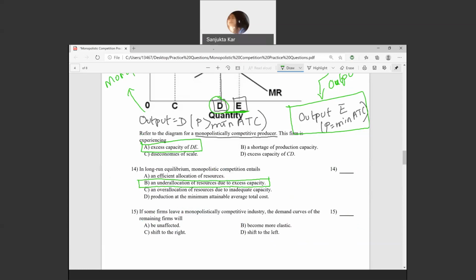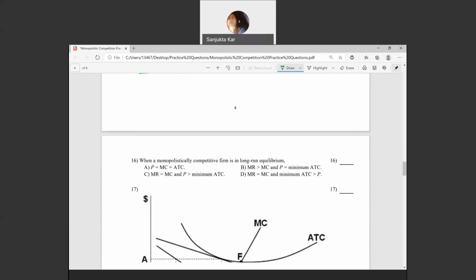Question 15. If some firms leave a monopolistically competitive industry, what will the demand curve do? The demand curve of the remaining firms is going to shift to the right. Okay. Question number 16.